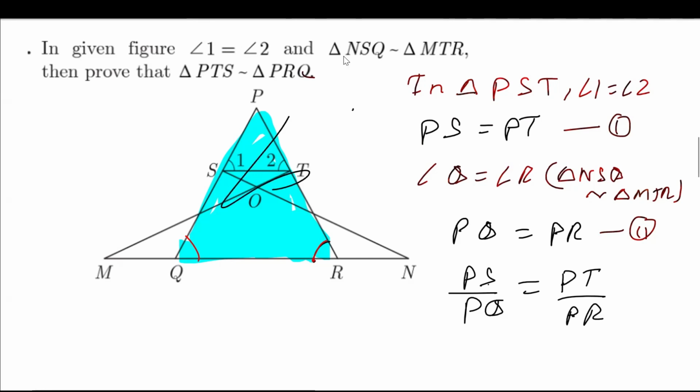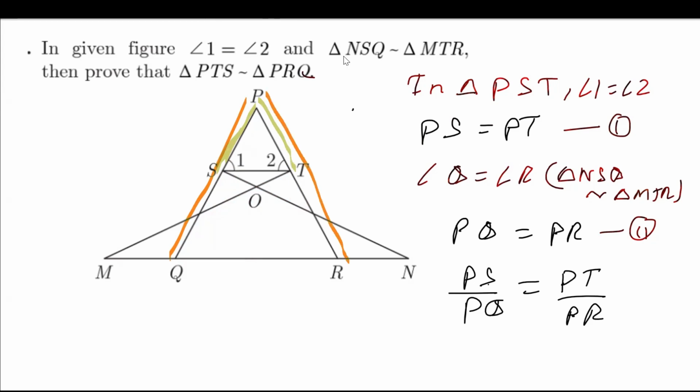Now you figure out from here that after dividing, we get the sides of these two triangles proportional. Let's understand. We got this over the bigger side, that is, this is equal to PT over PR.